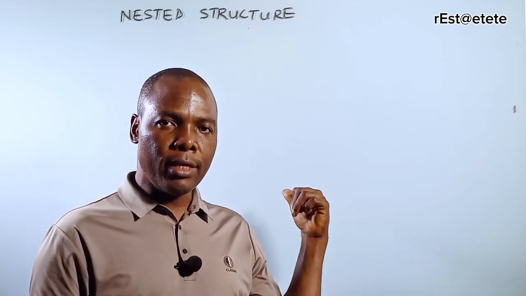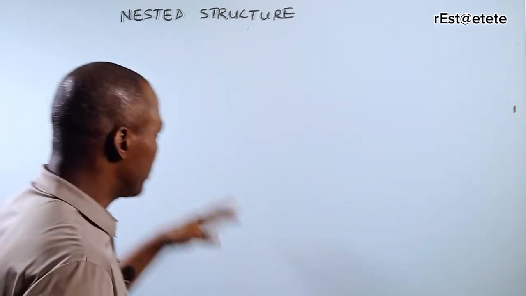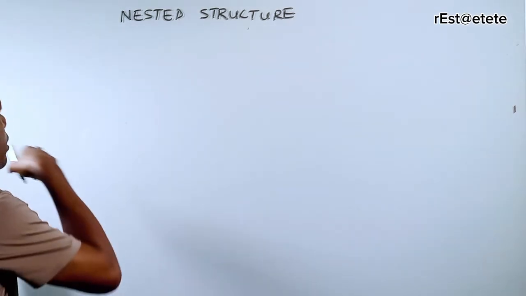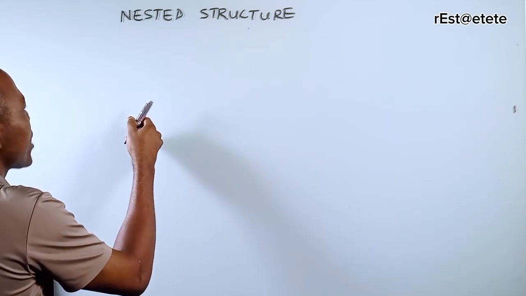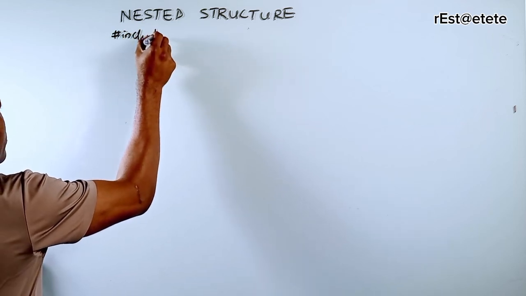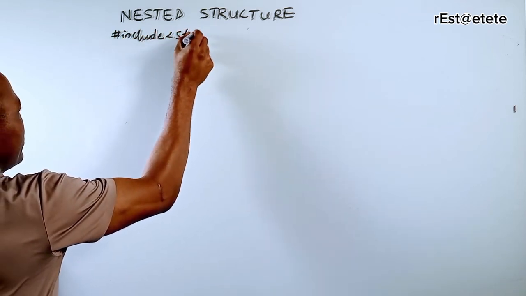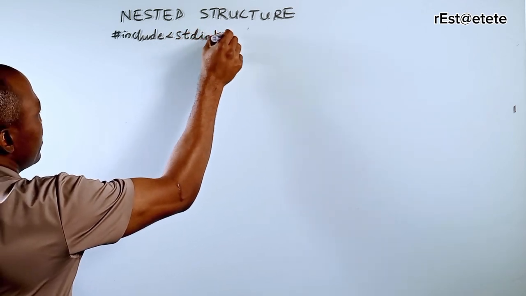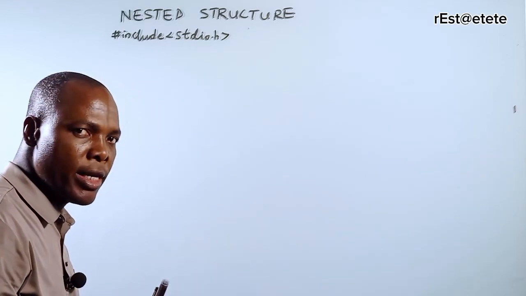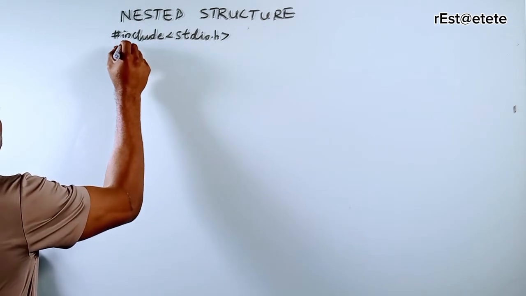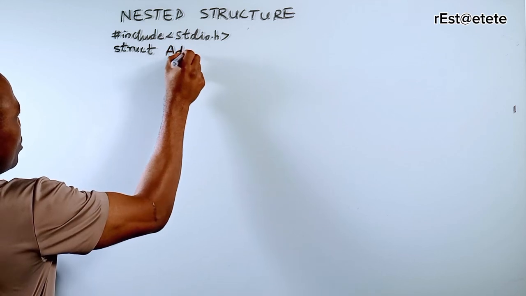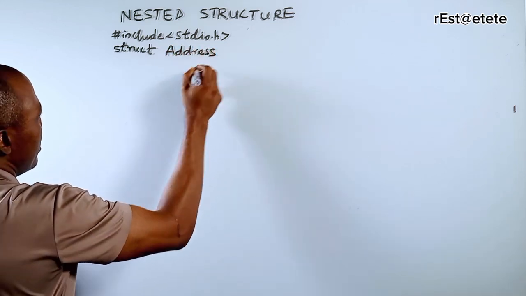So let's write a simple program to illustrate that concept of nested structure. Okay. So I would say include stdio.h, and then I'm going to create my first structure, which is the address structure. So I'll use my struct keyword, struct, and then the structure name is Address, right?